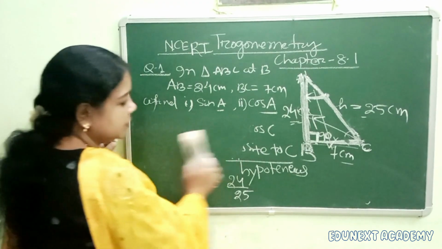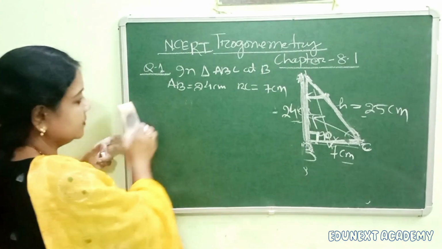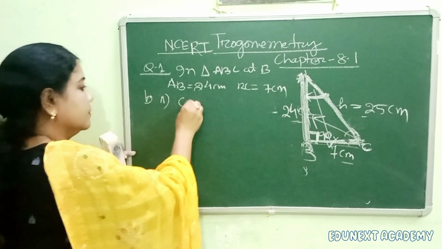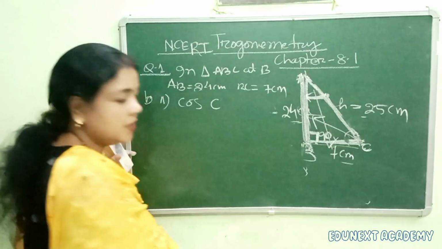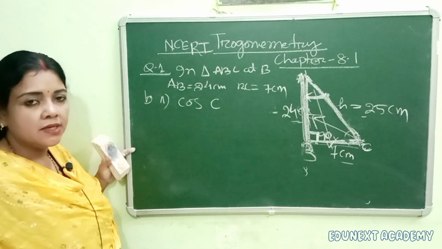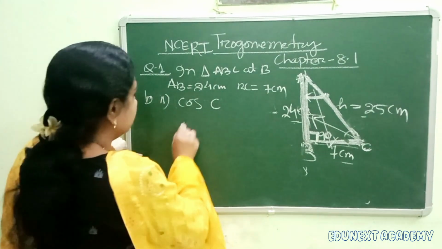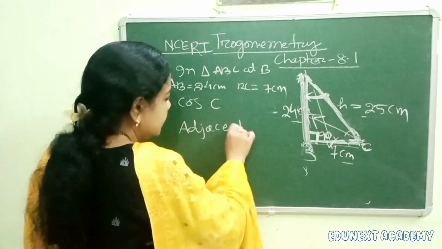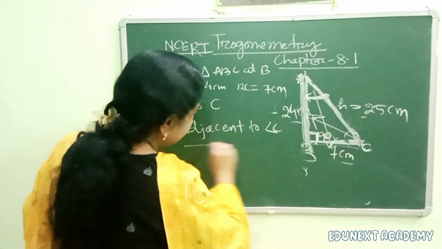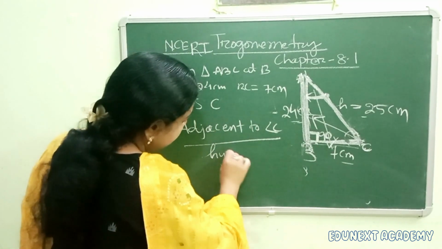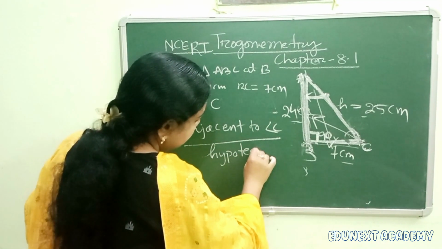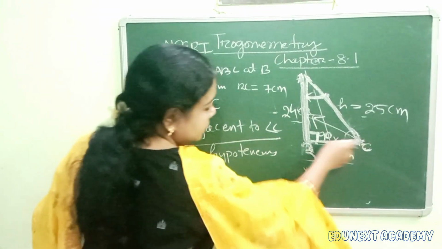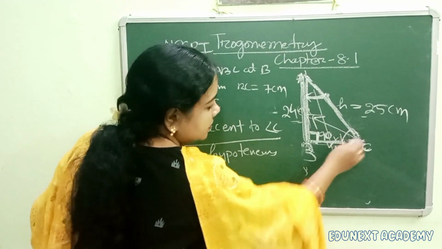How to find cos C? Cos C is adjacent to C by hypotenuse. Here the adjacent to C is 7.